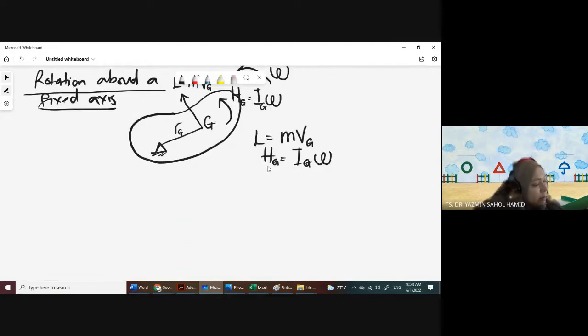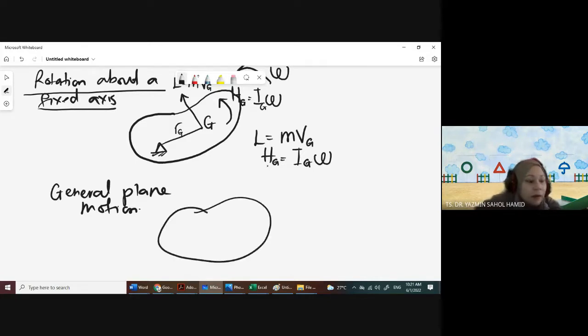And then one last example is the general plane motion. I'm sure you're familiar with this one. General plane motion does have angular momentum, which is IG omega, and it also has linear momentum mv.